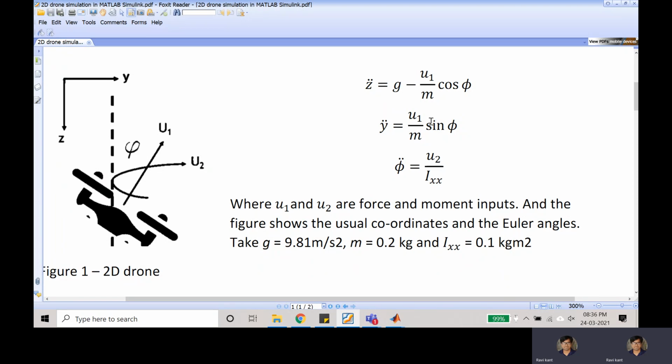Now if you have the phi information, because sine phi at a small angle is phi, this phi can be written directly as phi. Once again I can multiply it with some gain.